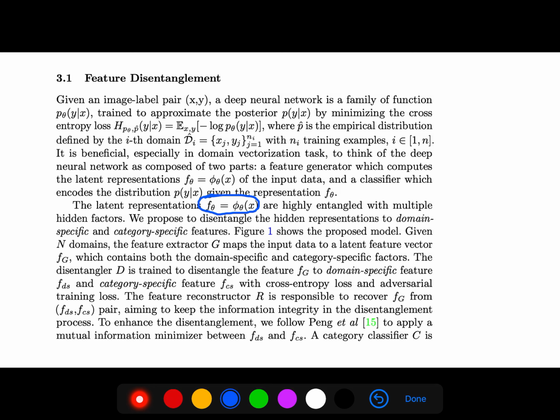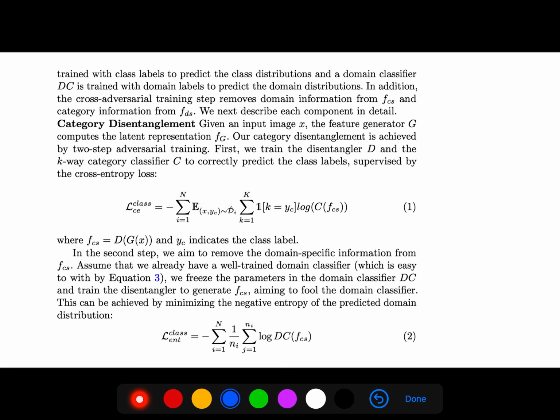The feature reconstructor is responsible to recover that latent representation from the pair, aiming to keep information integrity in the disentanglement process. So we have category disentanglement.